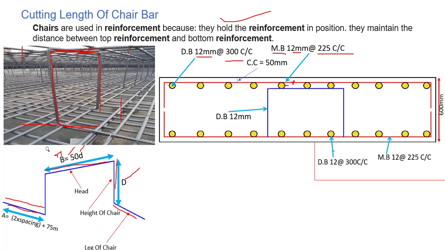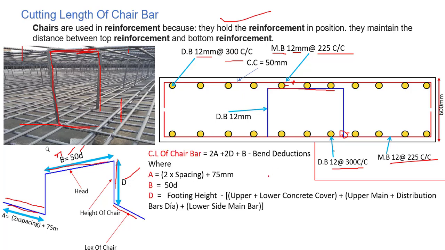The dia we are using for the chair bar is 12 mm as well. It starts from this position and goes up till this position on the main bar at the bottom. The distribution bar at the bottom is the same and the main bar is also the same. These are some details.